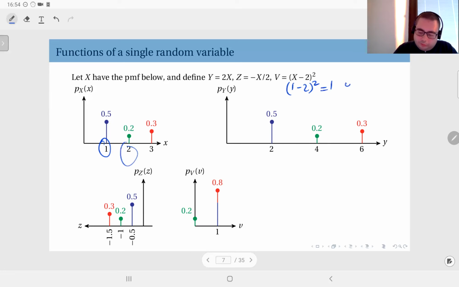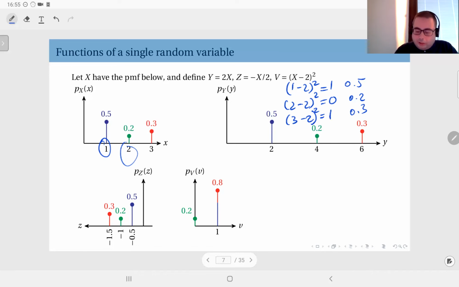So this happens with 0.5 probability. When x is 2, you have (2 minus 2) squared, which is 0, and that happens with probability 0.2. And when x is 3, this happens with probability 0.3. (3 minus 2) squared gives also 1.